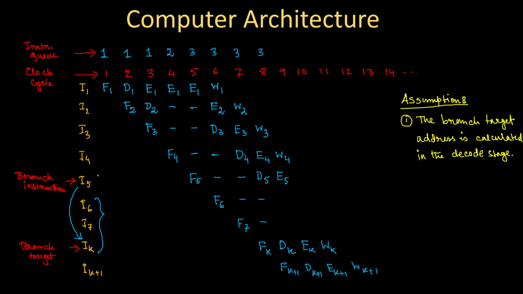Since I5 was a branch instruction, if we consider the order was correct, that means we had instruction 1, then instruction 2, instruction 3, instruction 4, instruction 5, and then immediately instruction K. Just forget about the branching and all.